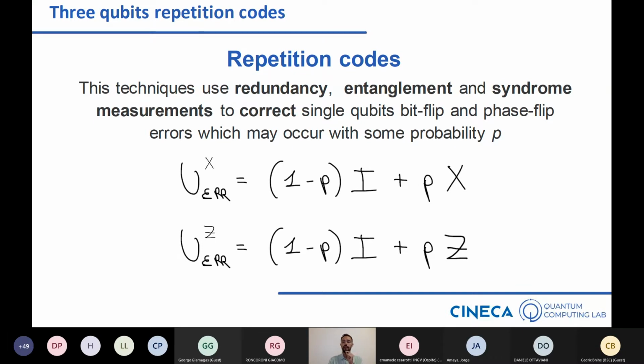You can, in general, represent an error in your system, which is a phase flip or a bit flip, by a unitary that happens with some probability p. For some probability p, you get an X. For some probability p, you get a Z. Otherwise, with probability 1 minus p, you get the identity, so you don't get the error.